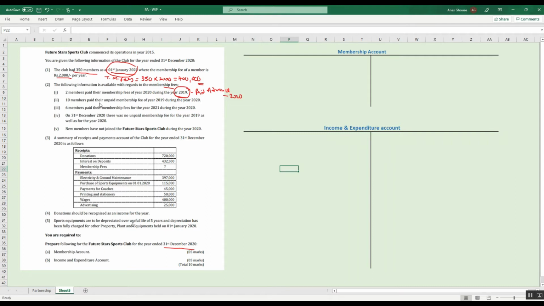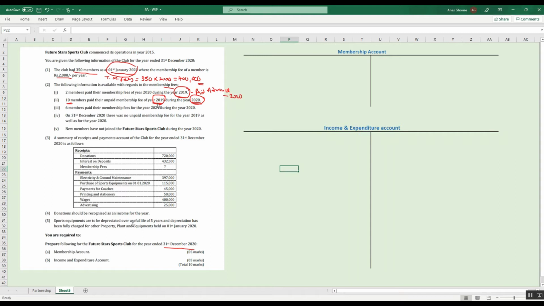Then 10 members paid their unpaid membership fees of year 2019 during the year 2020, which means these 10 members paid in 2020 pertaining to 2019.